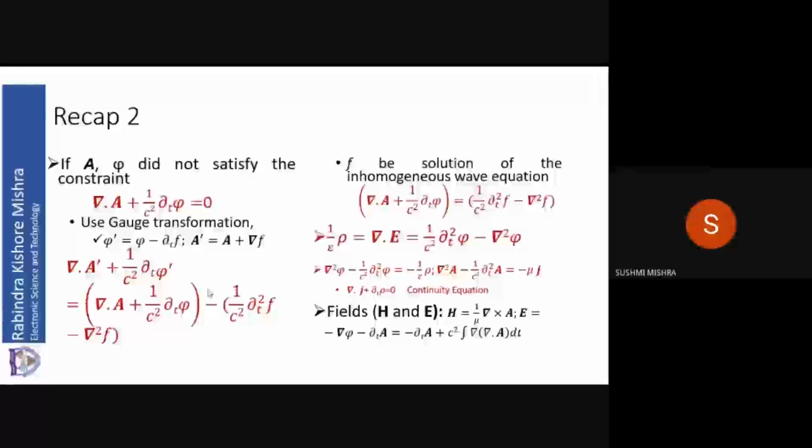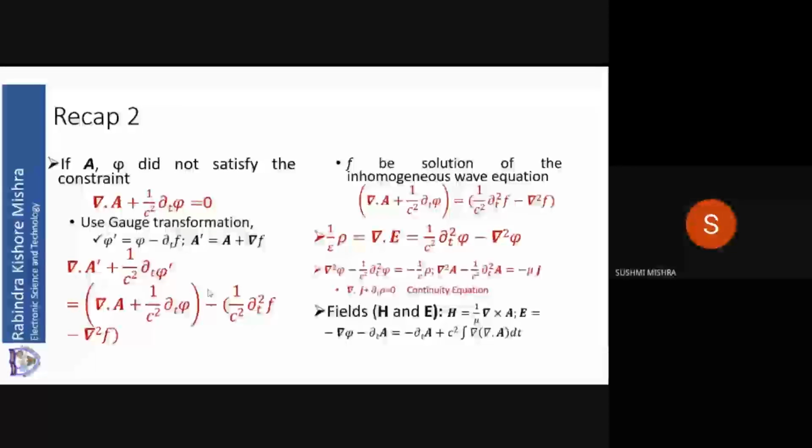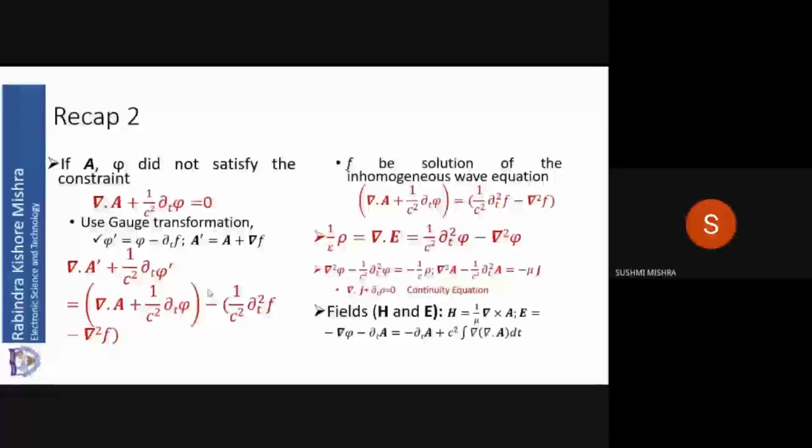A and phi are not satisfying the Lorentz condition, but after making a Gauge transformation, A dash and phi dash are satisfying the Lorentz condition. So if A dash and phi dash satisfy the Lorentz condition, then the left hand side will be 0. From the right hand side, we get divergence of A plus 1 by c square dou t phi is equal to 1 by c square dou square f by dou t square minus del square f.